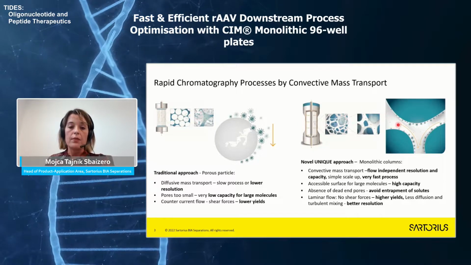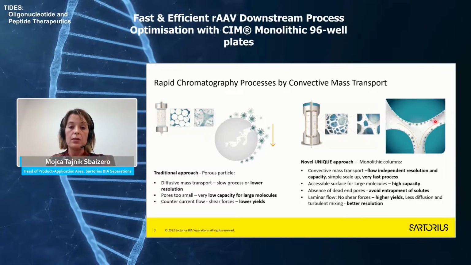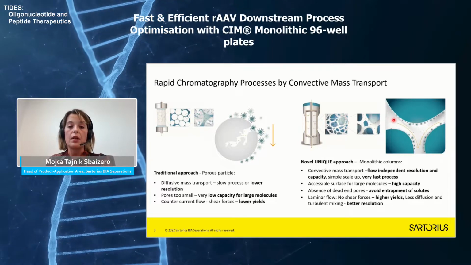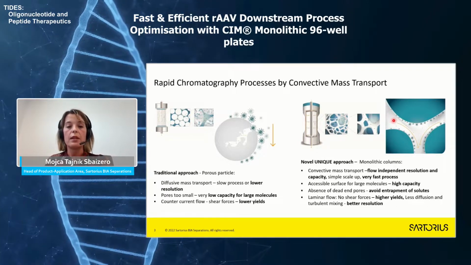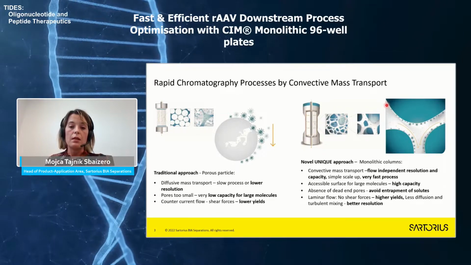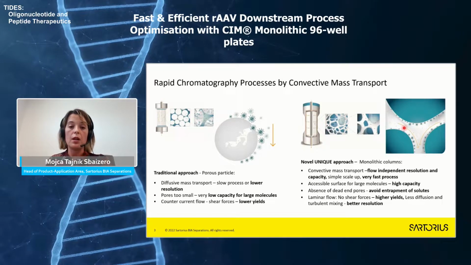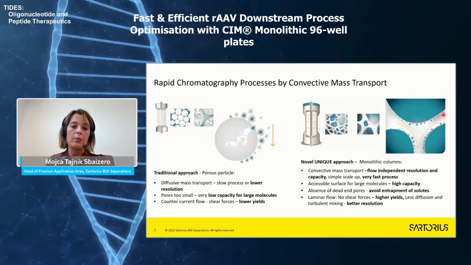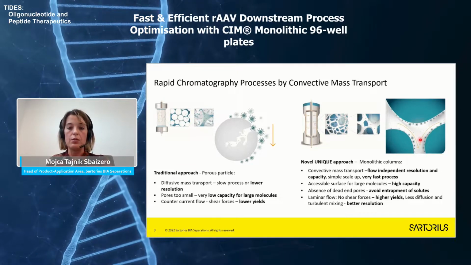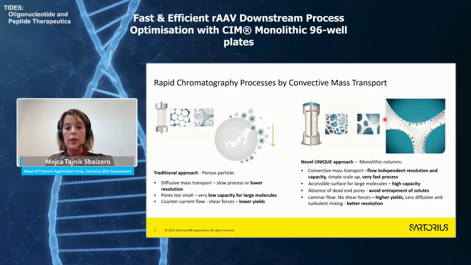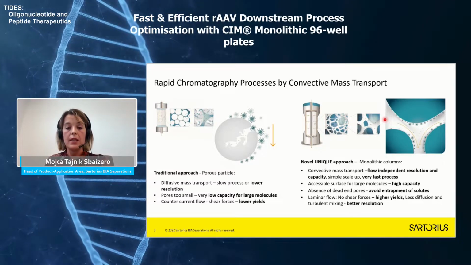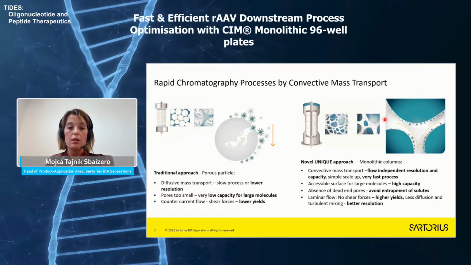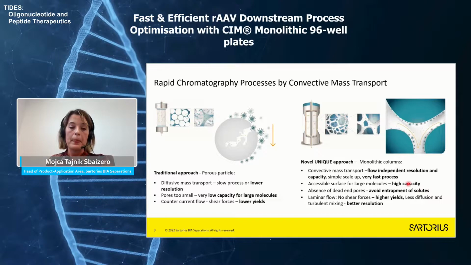with channels of large diameters. Our typical channel diameters are 2 and 6 microns. These channels have a lot of functional sites on all the surface, where the large biomolecules are migrating in the solution. So we have very high accessibility of functional groups for the large biomolecules, which causes very high capacity.